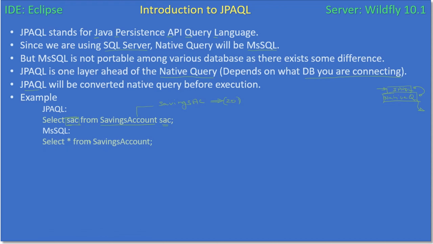The native query will be in MS SQL, since we are using Microsoft SQL Server. The converted query is select star from savings account, and that returns 20 records. These 20 records are converted into entities, because JPA-QL sits on top of this native query. Once we feed this information, the JPA-QL will get converted into native query language. Native query language returns a number of records, here 20 records.